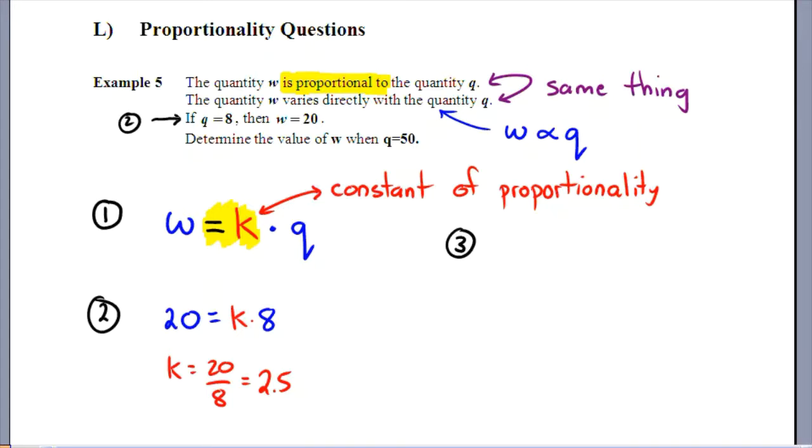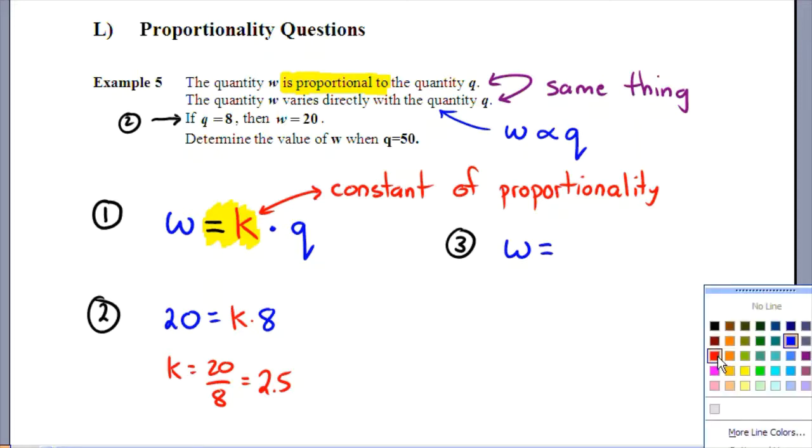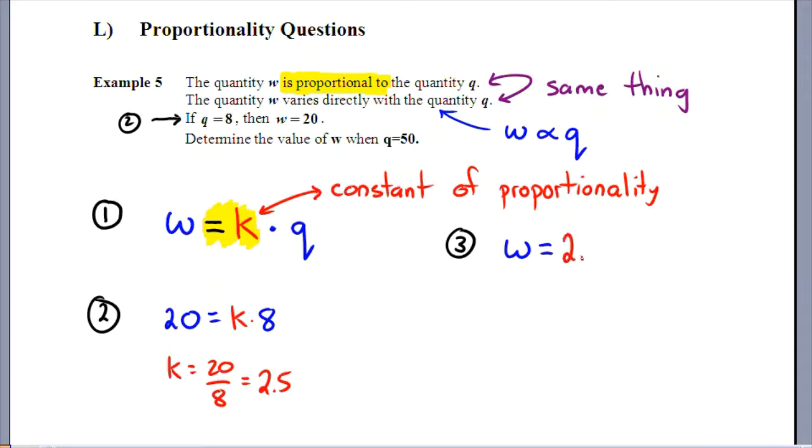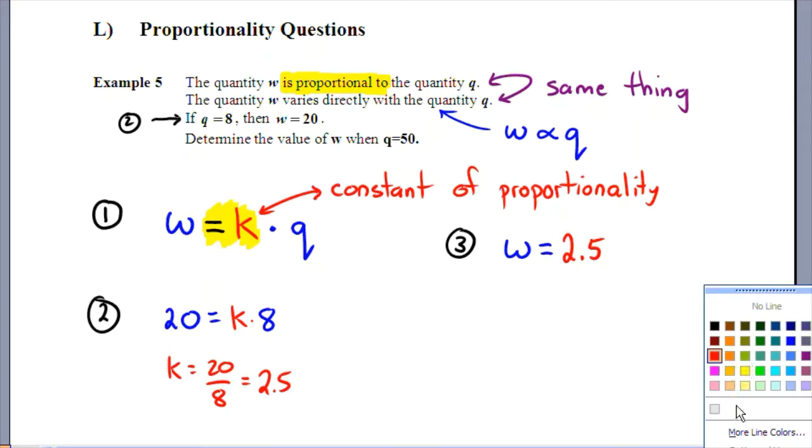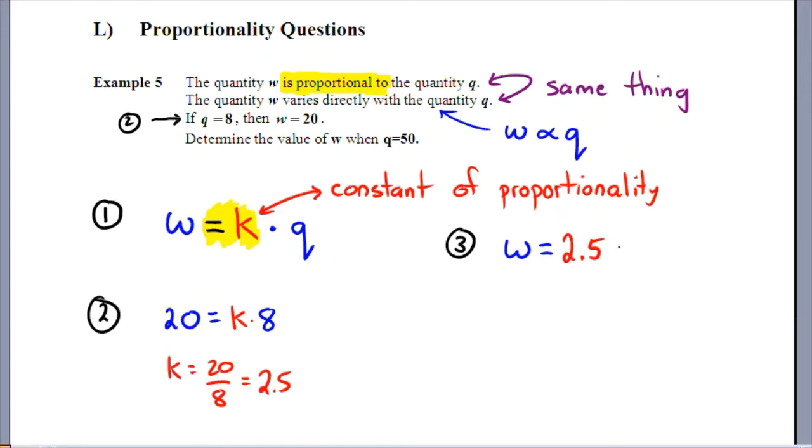So step 3, maybe I'll rewrite this proportionality equation. I can say, oh, W is equal to, I don't have to say some constant that I don't know. Hey, I've got it. Here's the constant of proportionality multiplied by the quantity Q. I'm now ready to do this for any setup that they're asking me about, and here it comes right here.